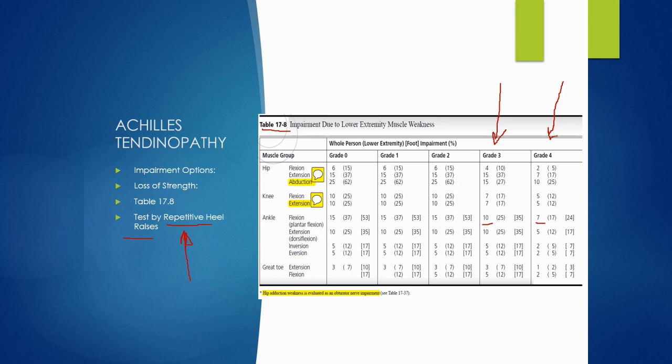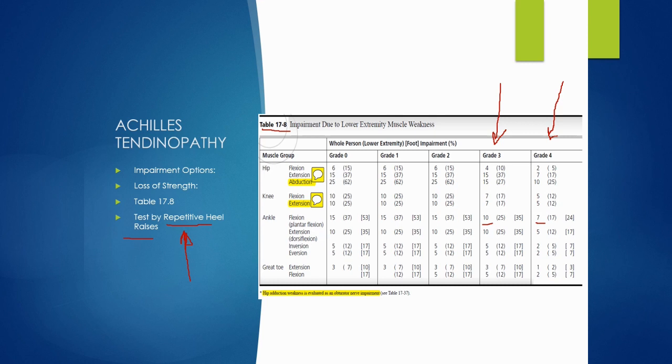The other tendinopathies of the lower extremities, such as gluteus medius tendinopathy, such as adductor tendinopathy, such as plantar fasciitis, which is a form of tendinopathy, can all be rated similarly by assessing the impact of those conditions on gait, by assessing the impact of those conditions on muscle strength, and by assessing those conditions on the muscle function as evidenced in the circumference and girth of the involved muscle.